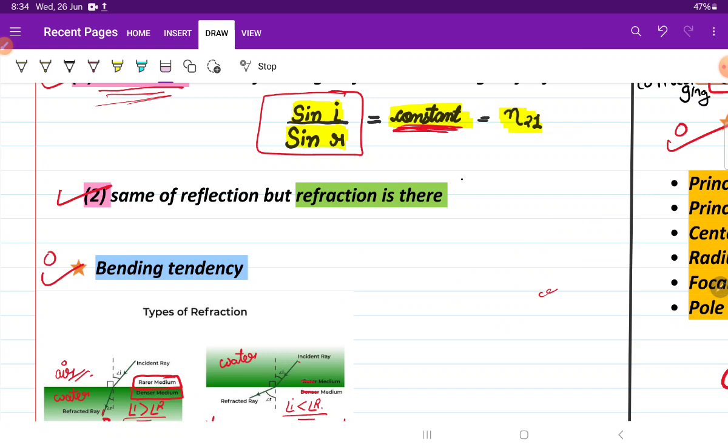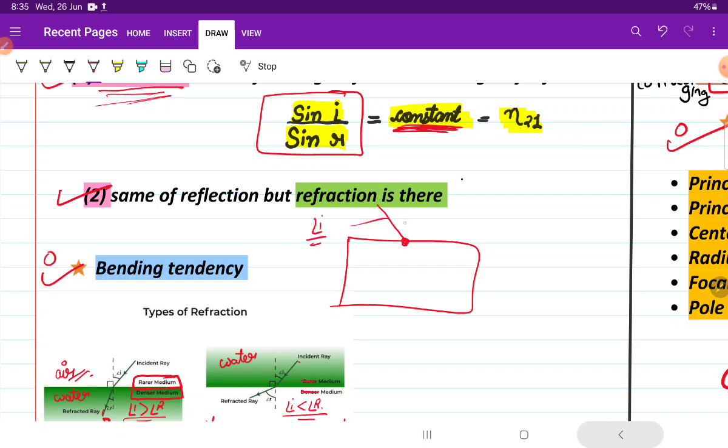Let's understand with the diagram. For example, this is the shining surface. Light ray is coming. Okay, now we are doing the glass slab. This ray is coming. This is known as angle of incidence.